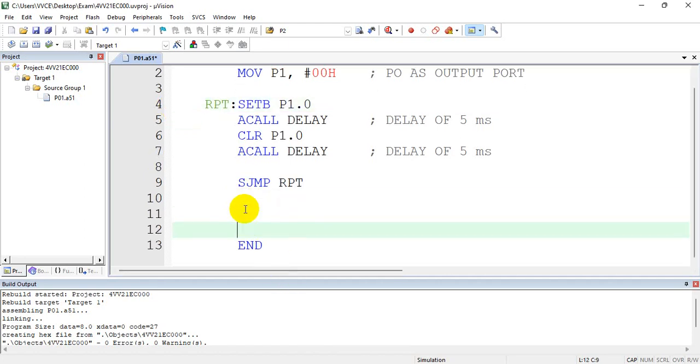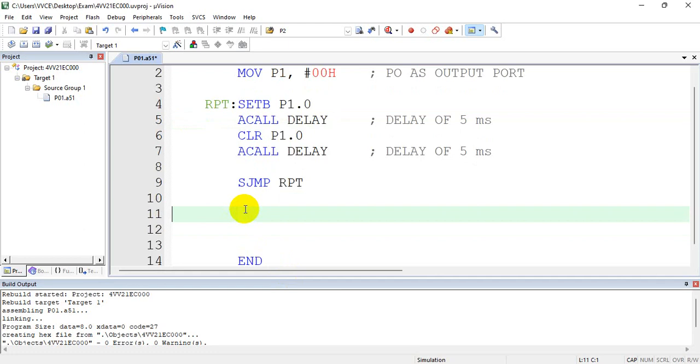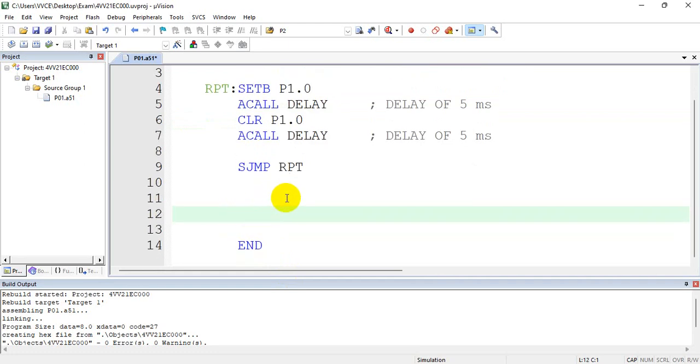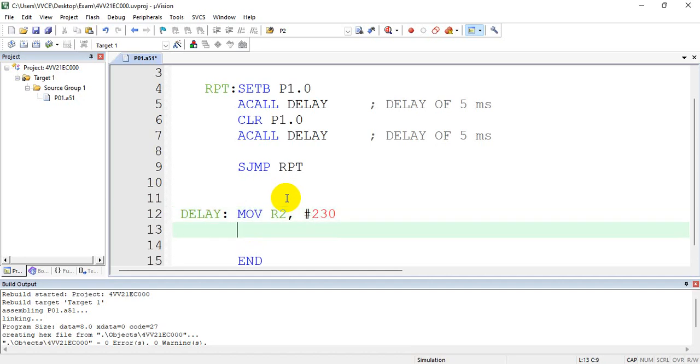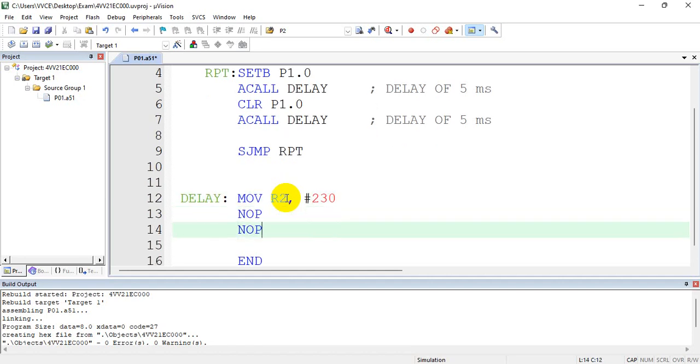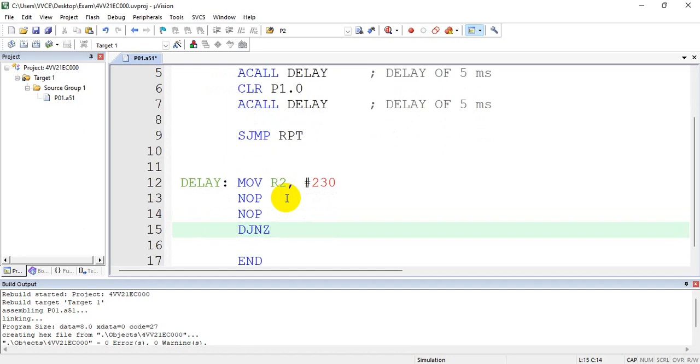Now here I have to write my delay subroutine for 5 milliseconds. So here I will write delay. First you can write the code for 1 millisecond: MOV R2, #230, then NOP, DJNZ R2, back.